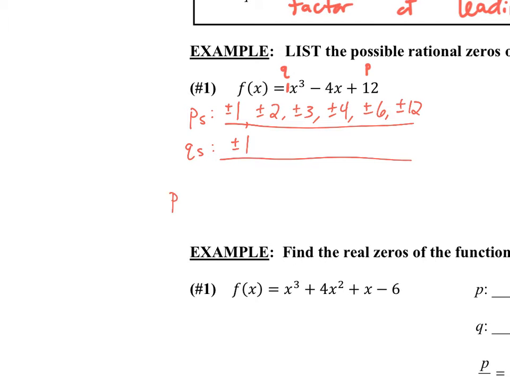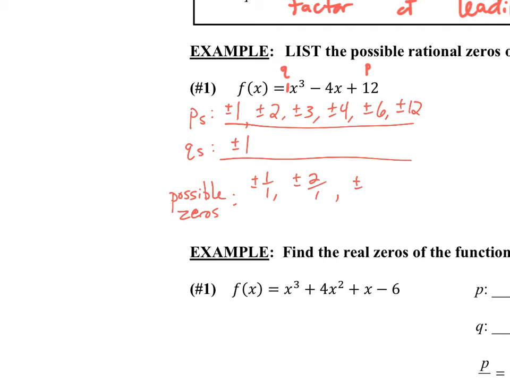So our possible zeros are P over Q. So the first P is a 1, and the only Q is a 1. So the possible zeros are 1 over 1. The next P is 2, so it would be 2 over 1 because P is 2, Q is 1.